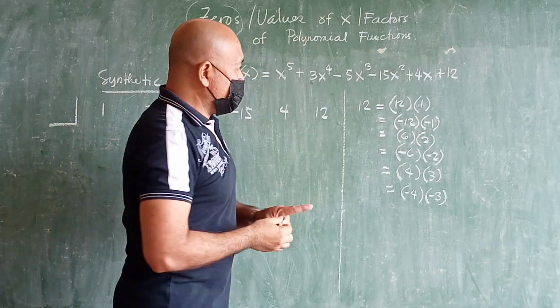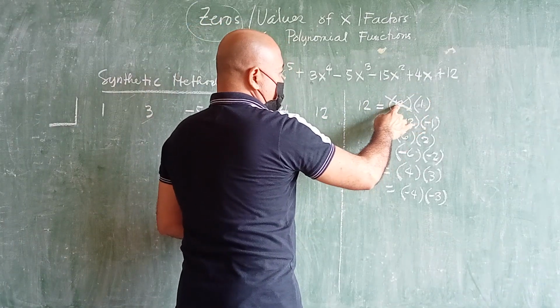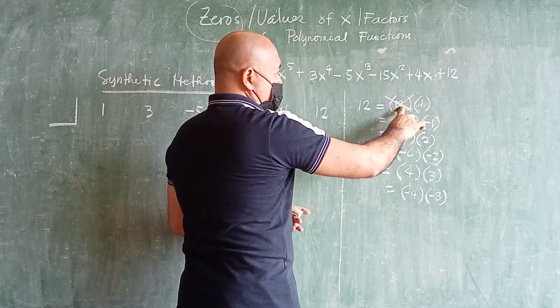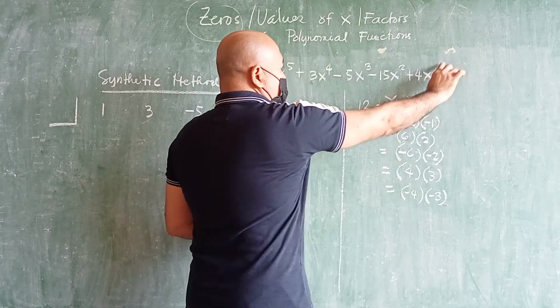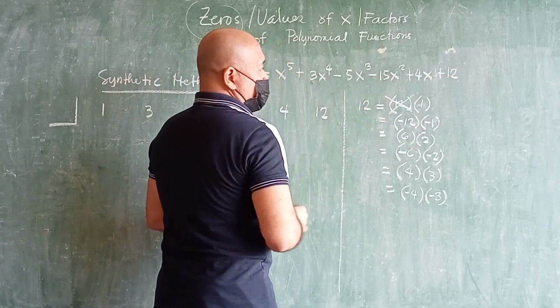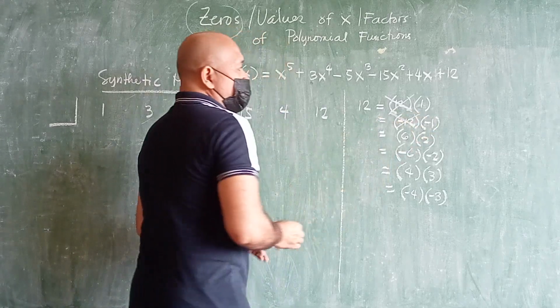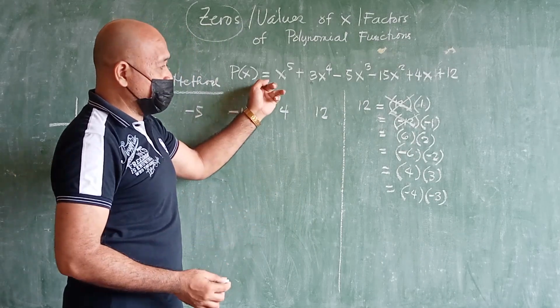So that means it is not ideal or wise to include 12 as one of the values of x, because 12 is just one value and it is automatically the last digit of the function. So you need to drop or remove 12 as one of the possible values of x.